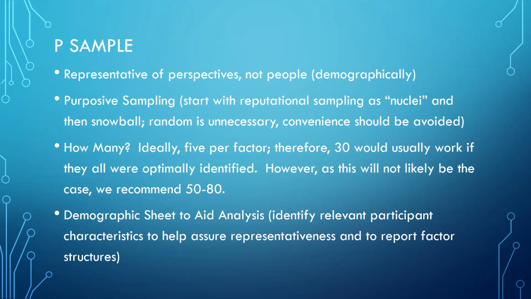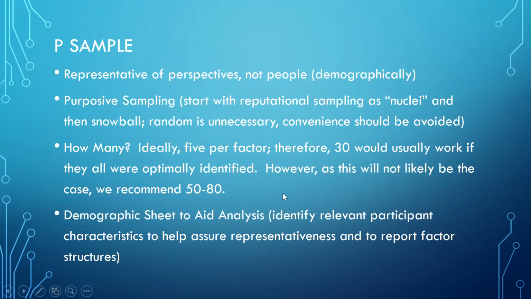Typically, you're very specifically approaching a particular group of individuals. You might be working with a particular classroom of students, or you might be working with a particular organization to specifically gain as many participants that represent broad perspectives as possible.